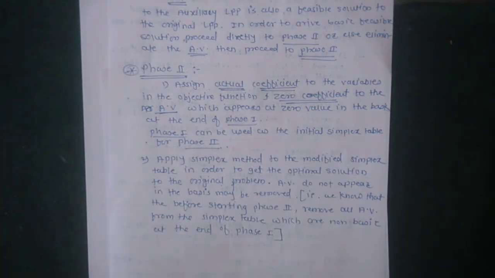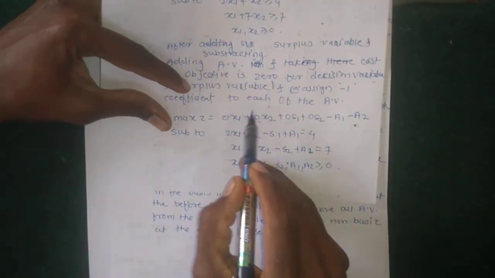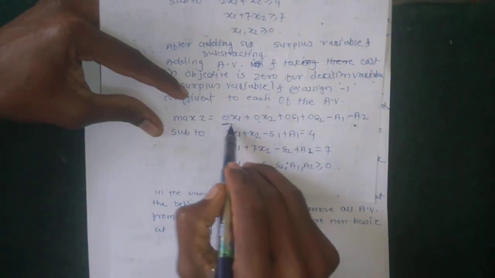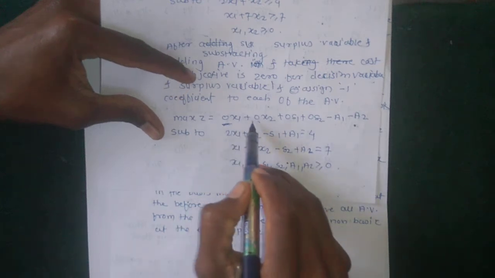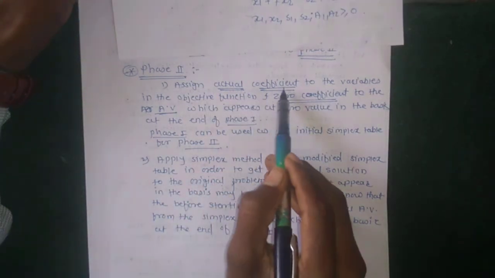Assign actual coefficient. Okay, in phase first method, here the coefficients are taken as 0 0 0, and here in phase second method take the actual coefficient.